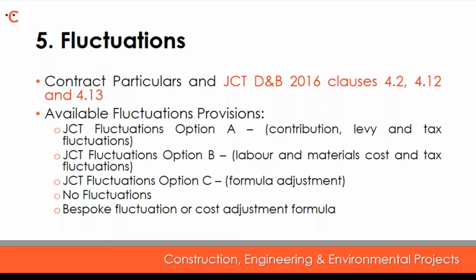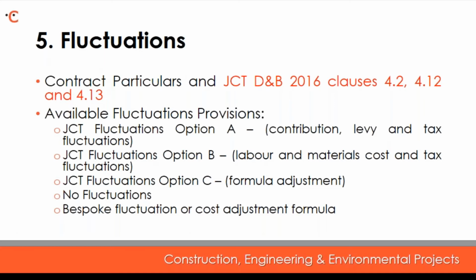Fluctuation options A, B and C can still be selected. However, in the 2016 edition, only fluctuation option A is set out in Schedule 7. JCT fluctuation options B and C are available on the JCT website and can be slotted in.